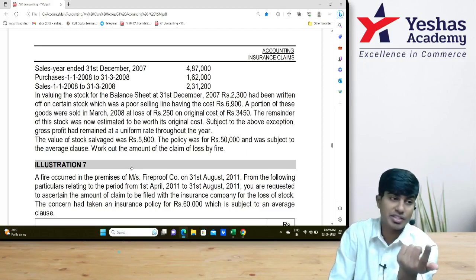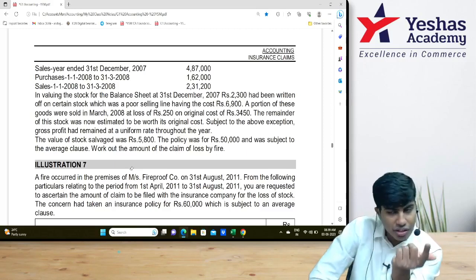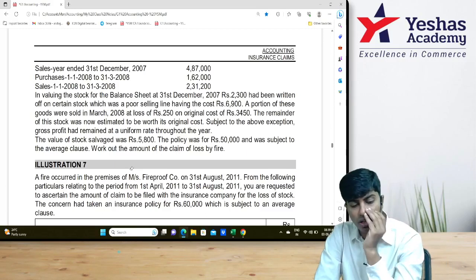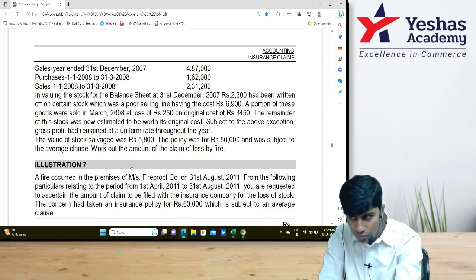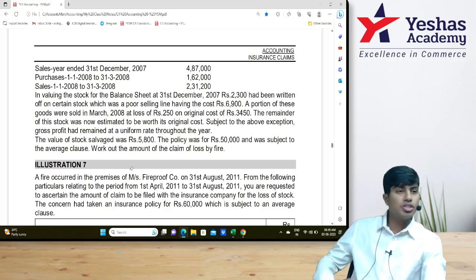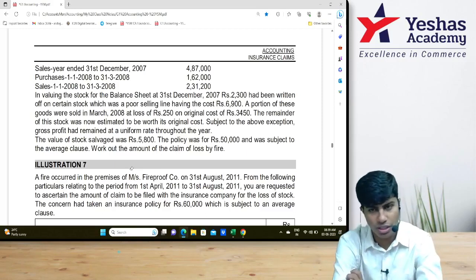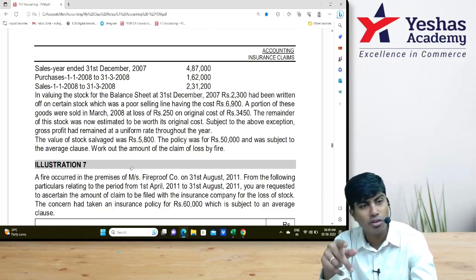So this is the previous year. When they're valuing the stock for the previous year, what have they done? Okay, remember this. What is the original cost of these goods? 6,900. How much is written off?